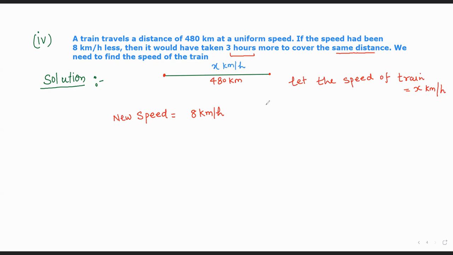So we can write, this implies the time taken by the train to travel 480 km is equal to, so you see, now we have speed is x, so time is what we want to find out, and the distance is given.